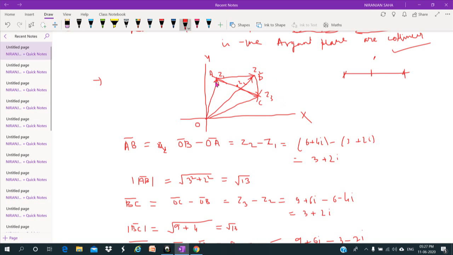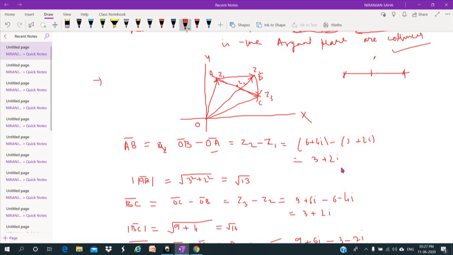Now, what is AB? OA is the position vector of Z1, OB is the position vector of Z2, and OC is the position vector of Z3. So AB must be the vector OB minus OA. So this will be Z2 minus Z1.